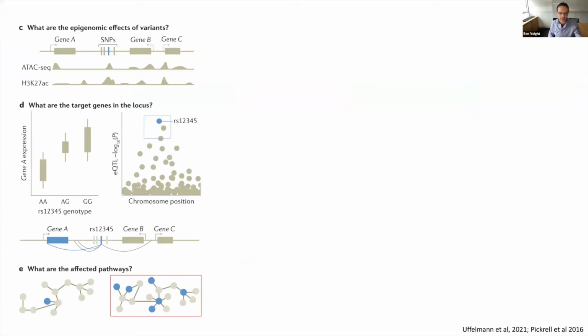Following from that, I think it's also natural to try to tell the story of what individual loci mean. We'd like to know ultimately what the target gene of a particular association is, and what molecular and physiological pathways are implicated.